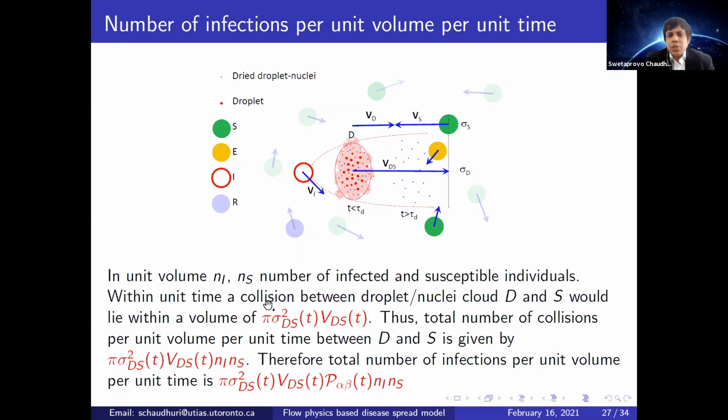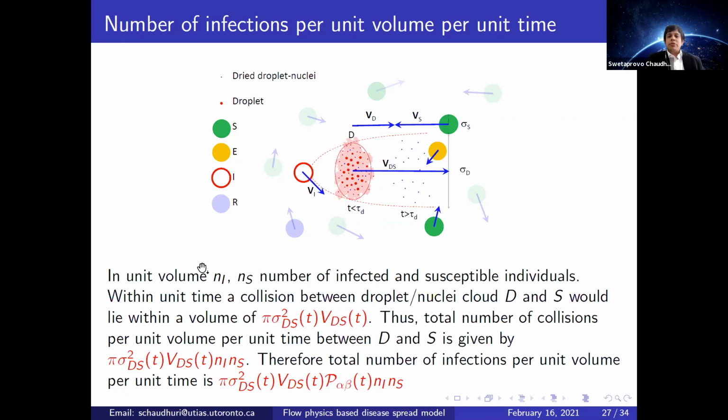So this is the sigma_ds squared, and this is the relative velocity, v_ds. The collision will occur if susceptible individuals lie in this collision volume. The collision volume is essentially the volume swept by the cloud in unit time.